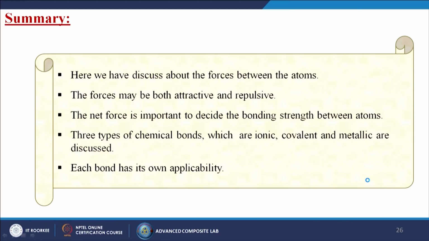The net force is important to decide the bonding strength between the atoms. Here three types of chemical bonds, generally ionic bonds, covalent bonds and metallic bonds, we have discussed elaborately, and each bond has its own applicability. Based on that, the material's crystal structure and its physical and chemical properties are totally dependent.